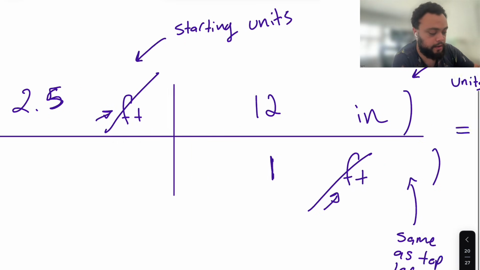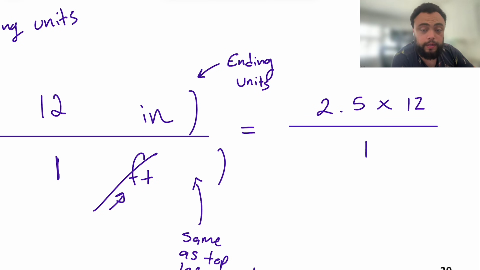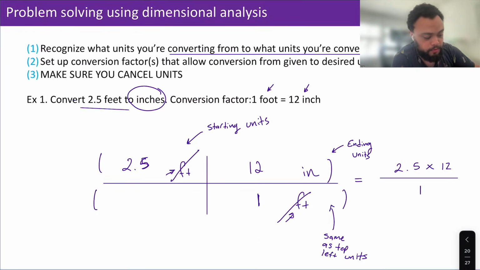But 2.5 times 12 divided by 1 gives us a value of 30. The units that go with it are the units that were not crossed out, so that's inches. So 30 inches. There we go.